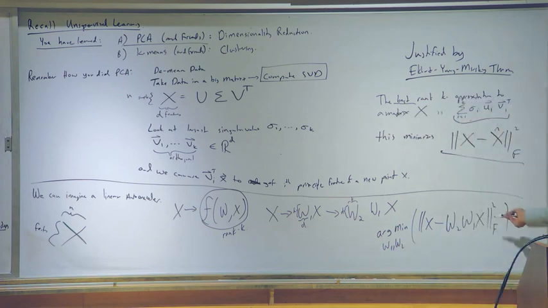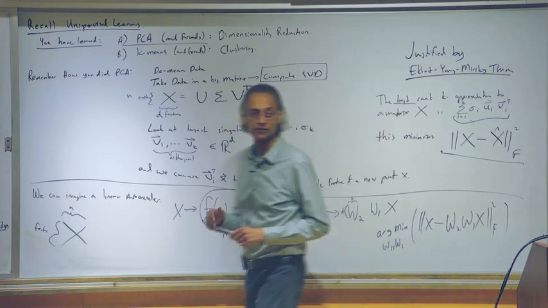And I'm guaranteed to learn something that will be a way of taking data points and projecting them into k dimensions and then bringing them back out such that I get the best rank k approximation. And if PyTorch can solve this, it will give me this subspace that I need.